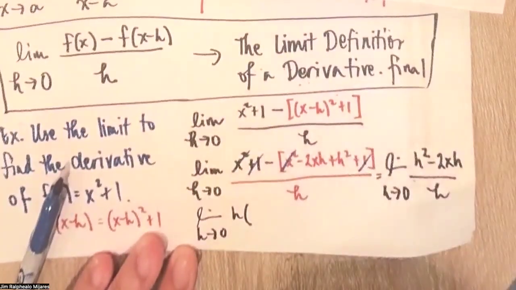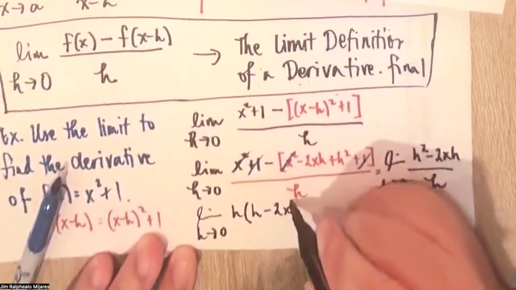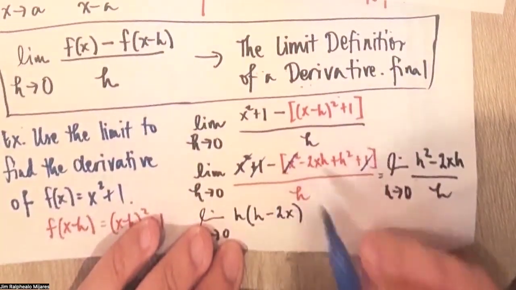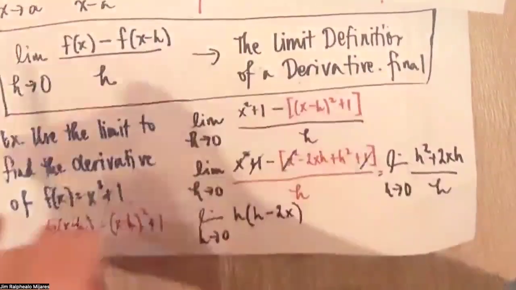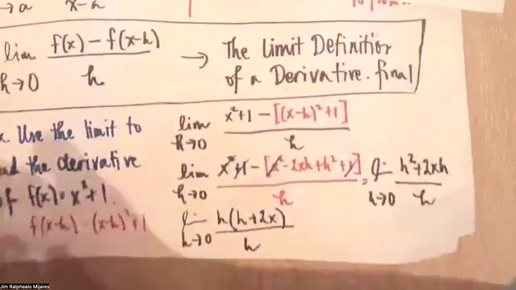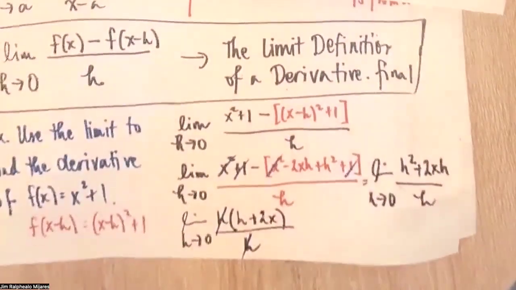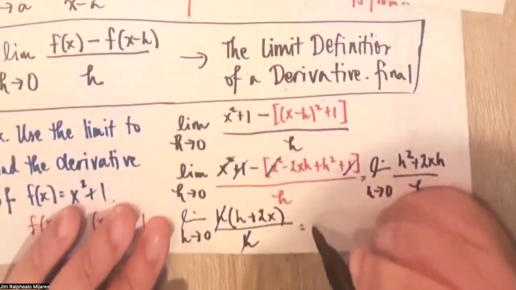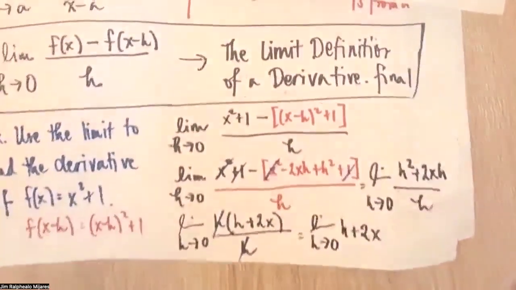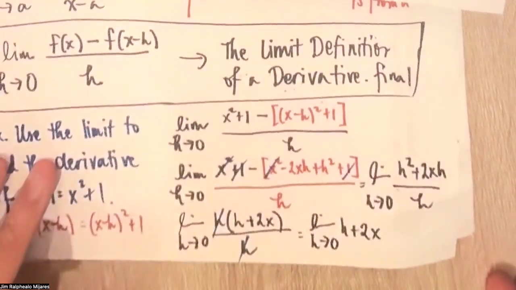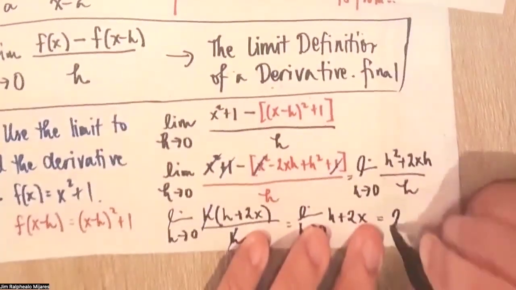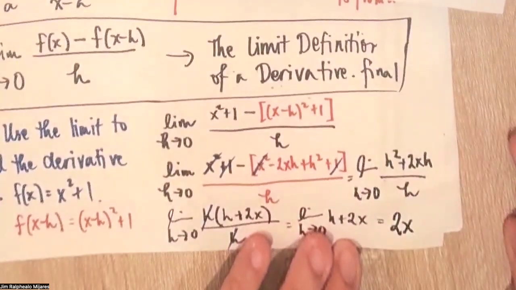It becomes h times h minus 2x. Sorry, it's not minus 2x. The reason being is this is negative times negative. This becomes positive. So h plus 2x all over h. And of course, they cancel out. This becomes the limit as h approaches 0 of h plus 2x, which we can solve easily, right? H approaches 0, so this becomes 0. And finally, the final answer is 2x.